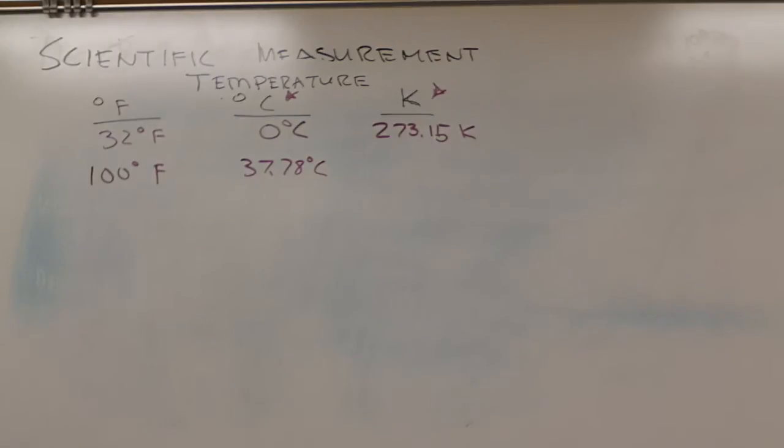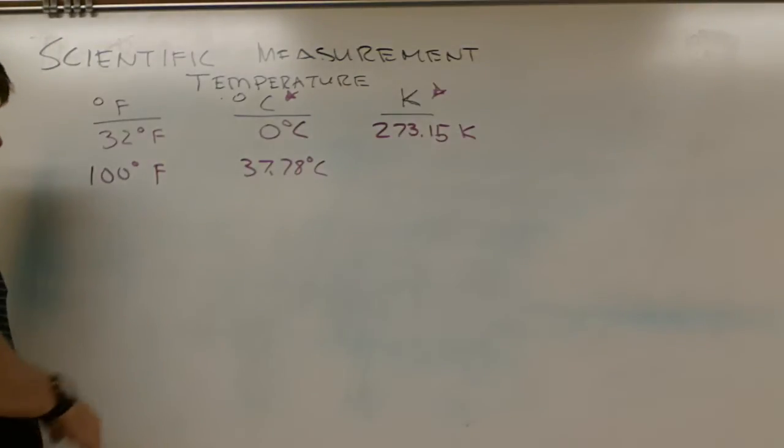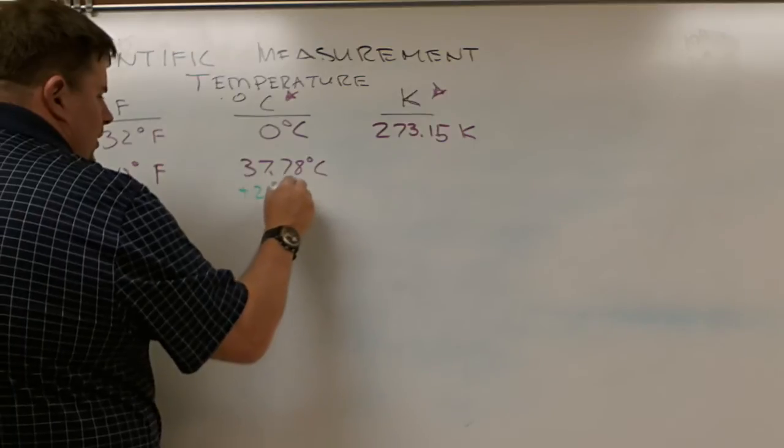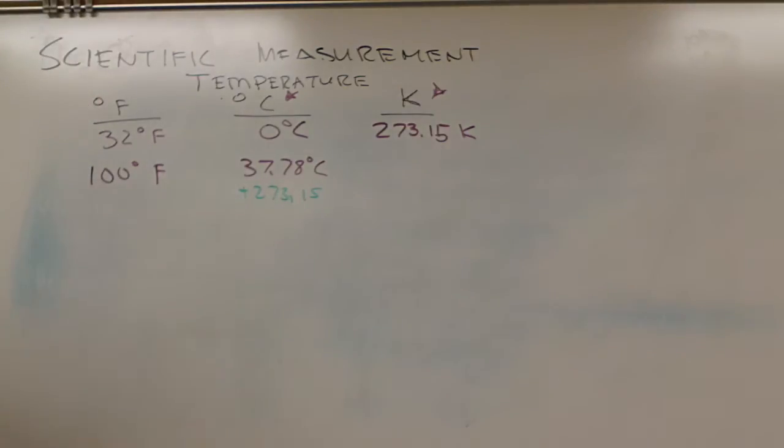When I get to Kelvin, the easy way to do Kelvin is that I take this value and now I'm going to add absolute zero. So add 273.15, and that's going to give you what the degrees Kelvin is going to be. Or the kelvins. And that comes out to 310.93.